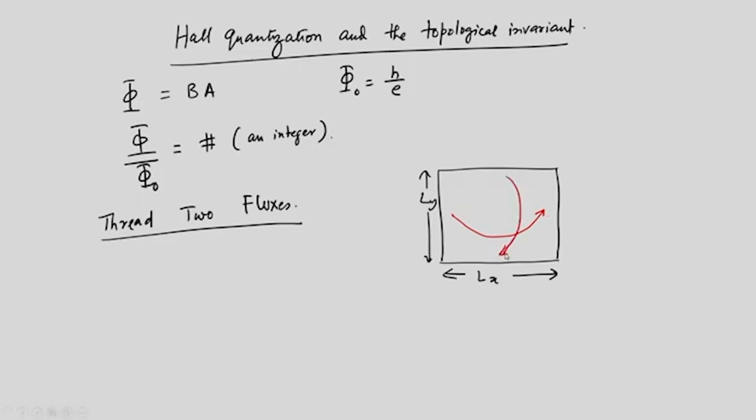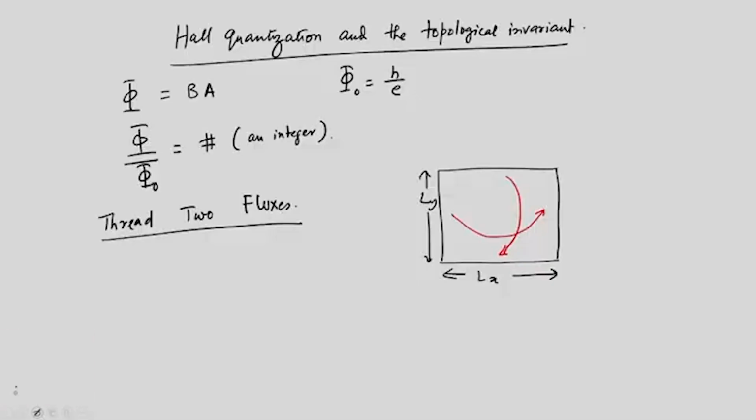We just fold them in both directions, x and y. The resultant structure becomes a torus, like the one we have seen earlier in the context of the Corbino disk or Corbino ring. It is like a donut. So, this is under periodic boundary condition.